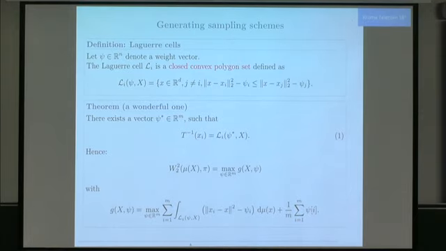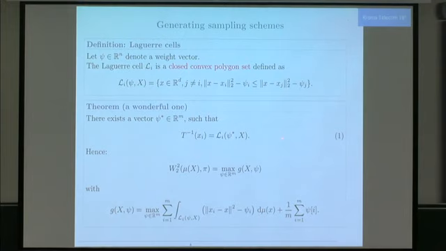It tells you that this transportation plan in the semi-discrete setting cannot be arbitrary. It tells you that the reciprocal images of the xi are necessarily closed convex polygons, which are defined through something called Laguerre cells.